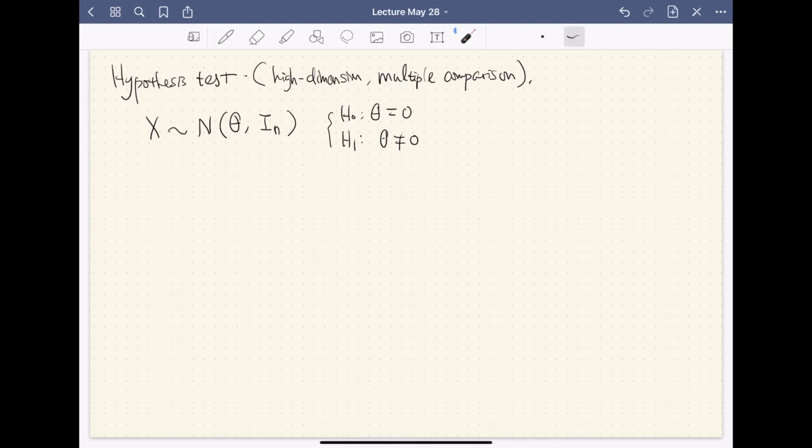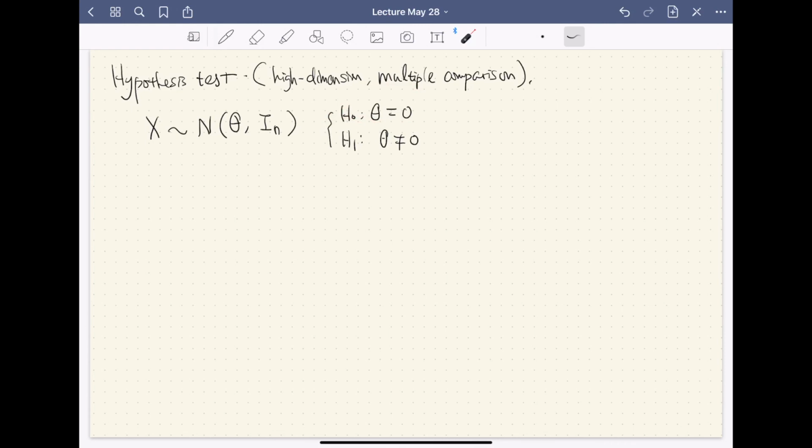Well, first of all, we have to be more specific about the alternative. Because if you only specify the null, I can have all kinds of tests. As long as I can control the type I error with significance level 0.05, which is recommended by Fisher for some strange reason, then we claim the problem is solved.